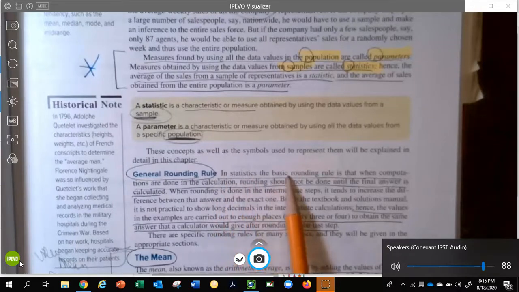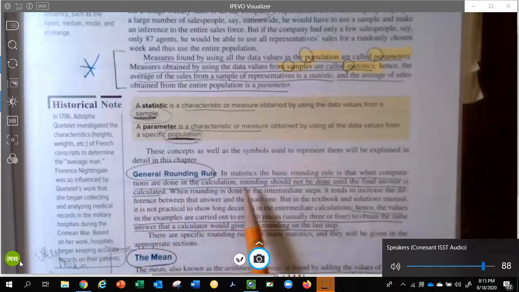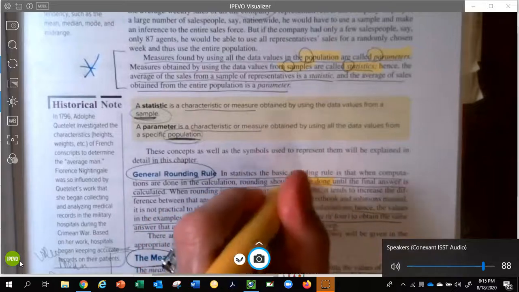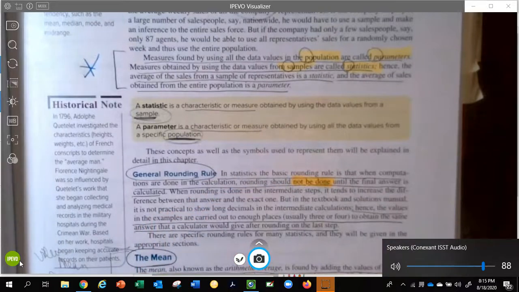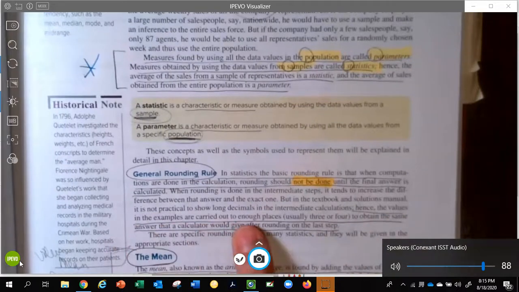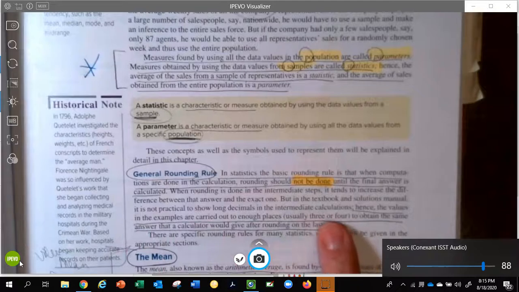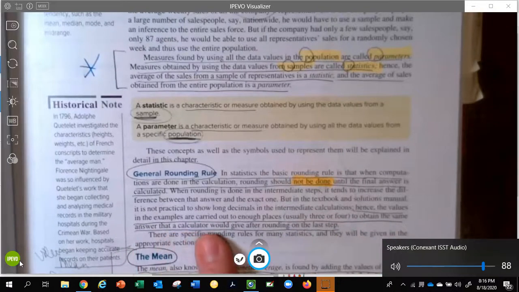In statistics, the basic rounding rule is that when computations are done in the calculation, rounding should not, maybe I need to highlight that one too, rounding should not be done until the final answer. And so when you're done, you're at the very end, then you get to round. Hence, the values in these examples are carried out enough places, usually 3 or 4, to obtain the same answer the calculator would give after rounding on the last step.